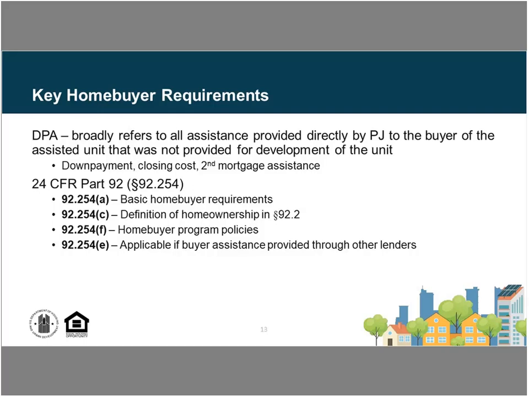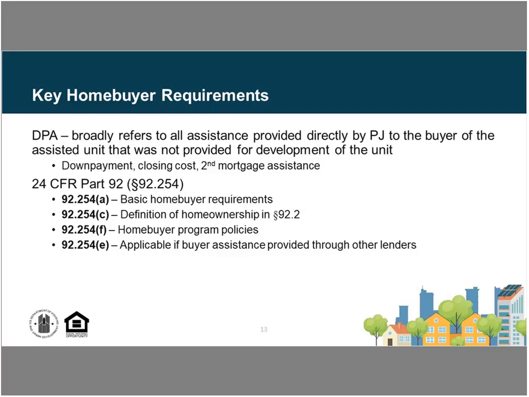Something that I mentioned last time, but we'll spend more time on today, will be the 92.254(f) requirements for the PJ to have home buyer program policies, the buyer underwriting, responsible lending, and refinancing guidelines that the PJ needs to have to do home buyer activities. The new section this week that we will be discussing is 92.254(e), and it may or may not apply to all of you.